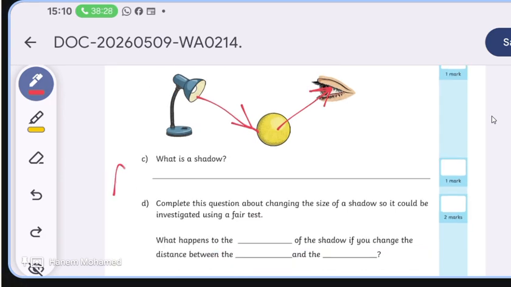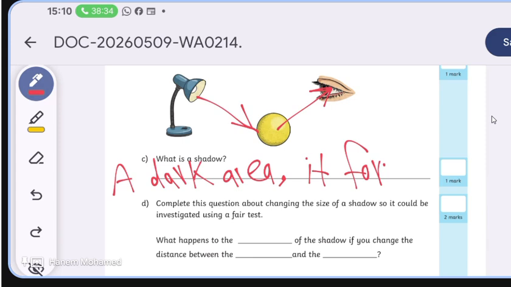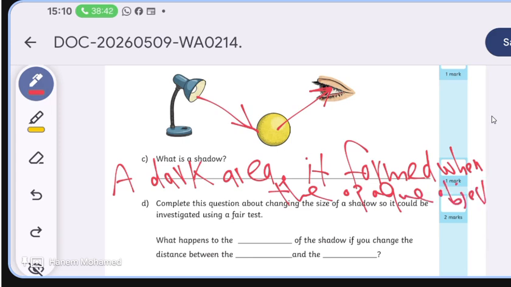So a shadow is a dark area. It forms when an opaque object blocks the light. So this is the meaning of the shadow.